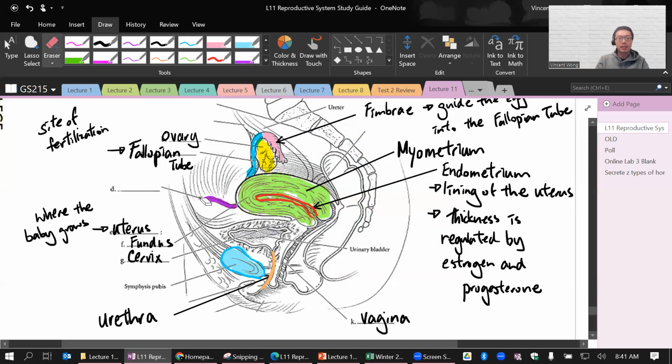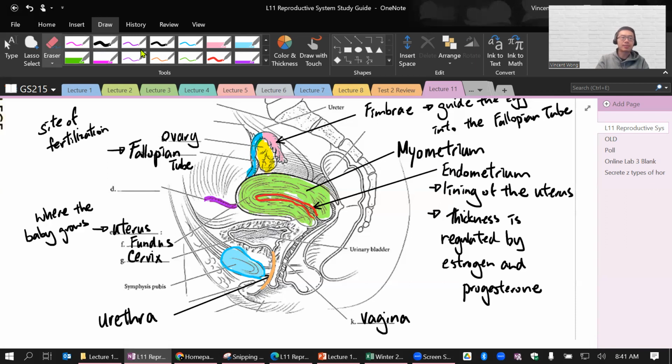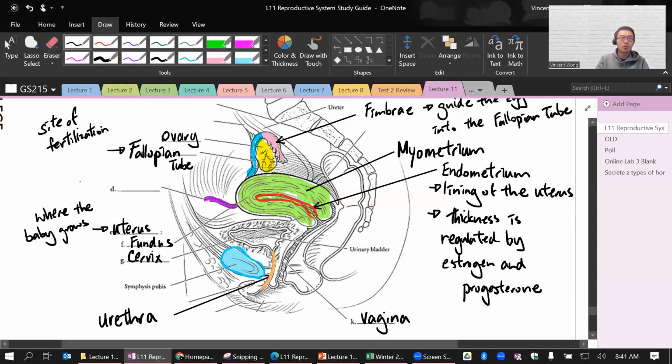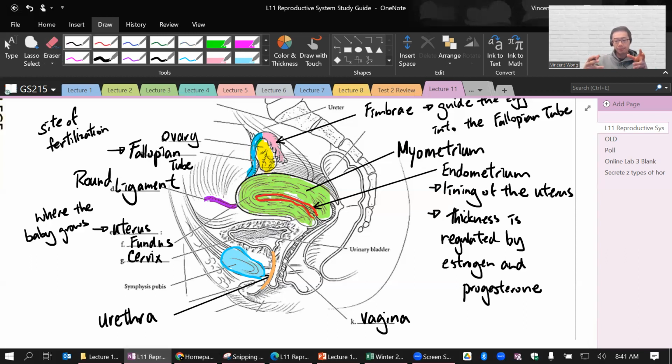And so there is a ligament that holds it in place, and that ligament is called the round ligament.